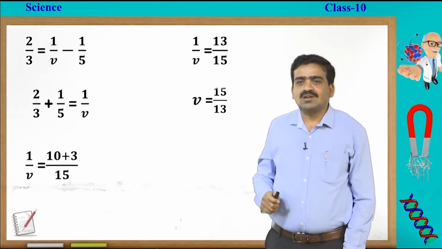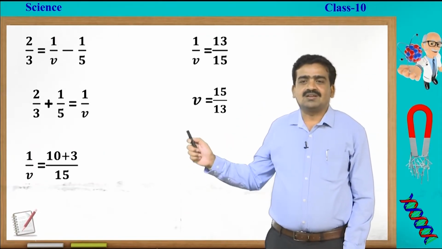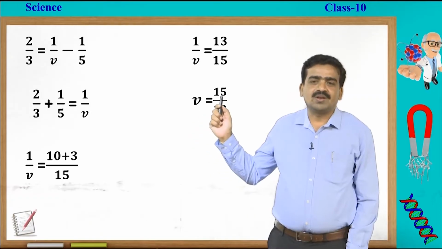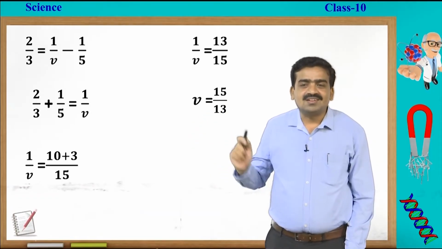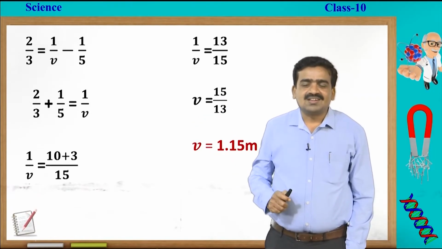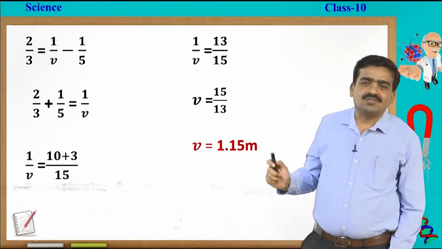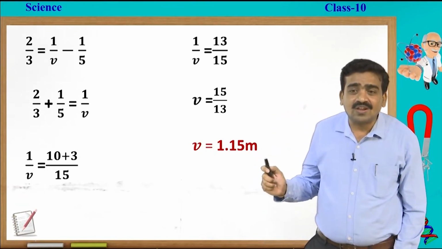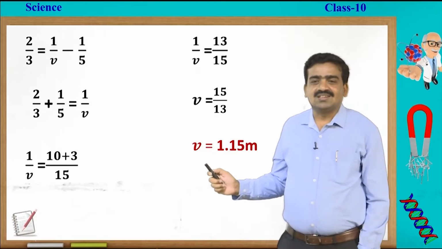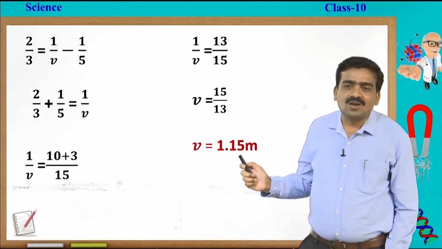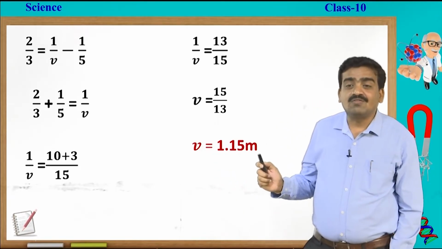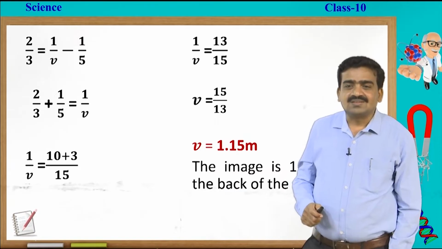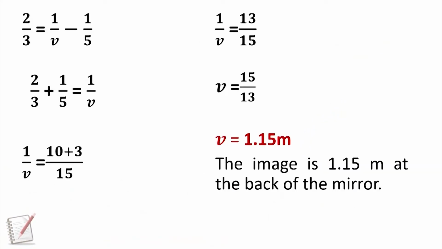Take the reciprocal for the left hand side, you will get v, then the value becomes 15 by 13. Simplify the value and you will get v is equal to 1.15 meter. So, the image will be formed at 1.15 meter, that is, the image is 1.15 meter at the back of the mirror.